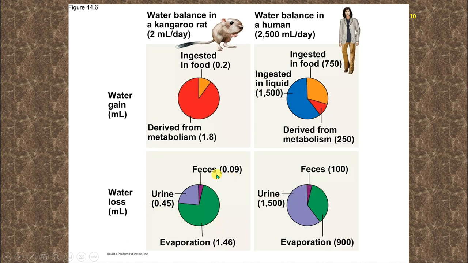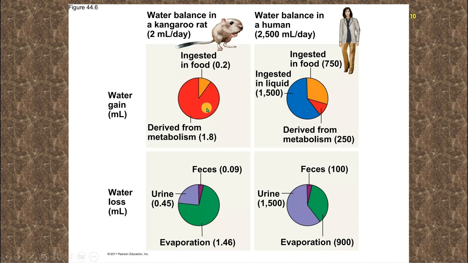For example, in the case of man, it is 100 ml per day through the feces. Urine is produced, roughly what he drinks in a day, and evaporation through the body, through the production of sweat, etc., is about 900 ml, and also through expiration or exhalation, the respiration.